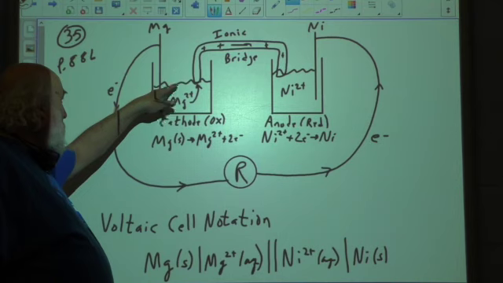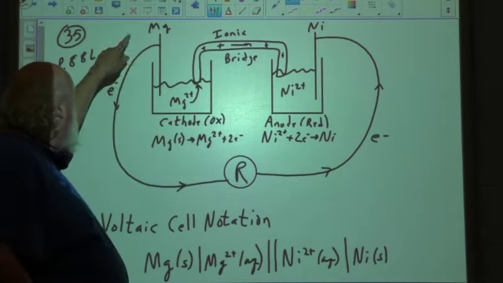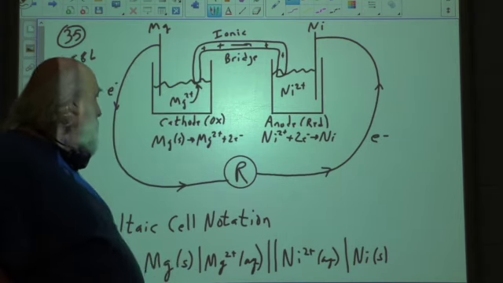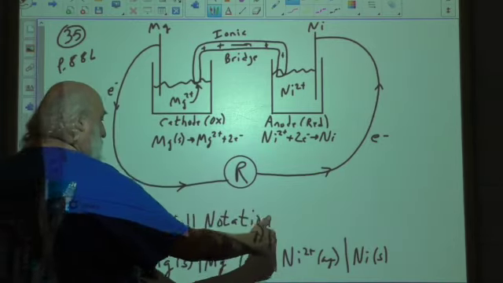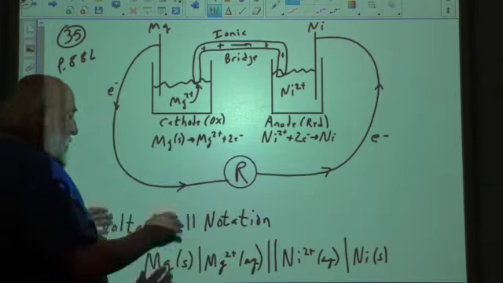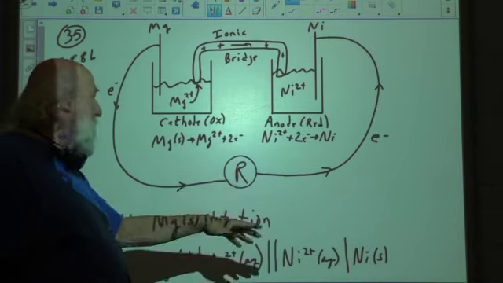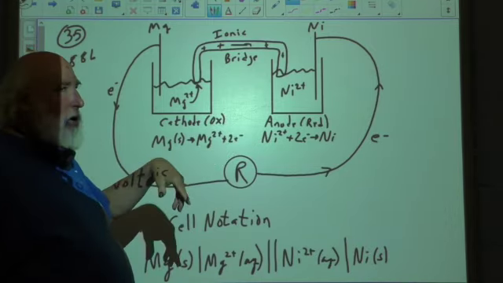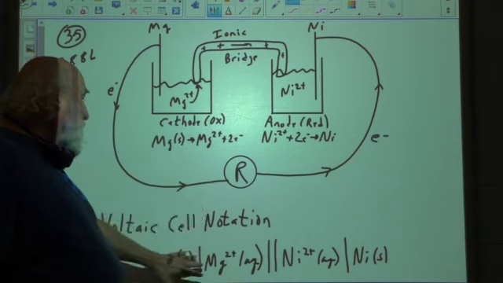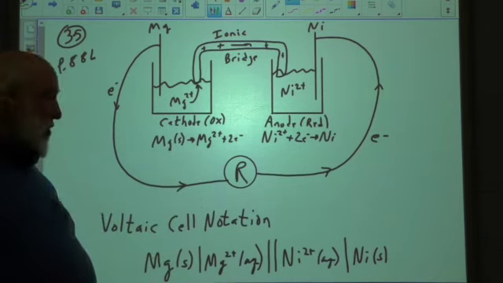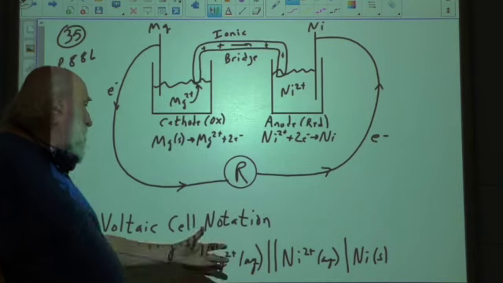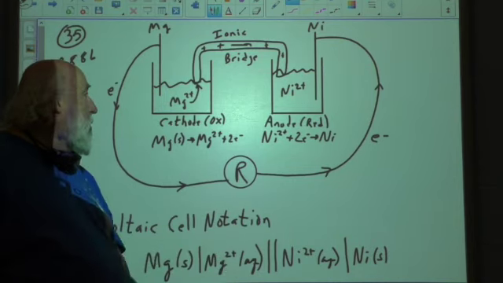The magnesium, which flows over here, is mentioned second. So you have this double line here which separates the cathode from the anode. So the cathode always goes first, the anode goes second. I don't care where you put it up here. I generally like to put the cathode first because that's the side which the Voltaic cell notation starts, and it's on the cathode side.